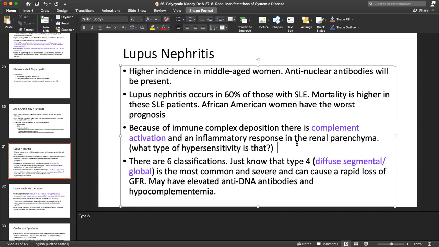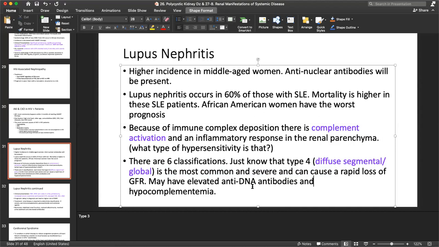So remember, IgE and mast cells, that's going to be type 1. Type 2 is going to be antibodies. Complement is type 3. And type 4 is T cell mediated late reaction. There's 6 classifications. Know that class 4 is the diffuse segmental global, and it's the most common and severe, causing that rapid loss of GFR.